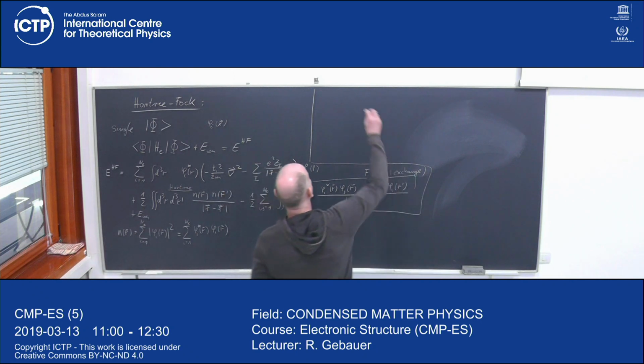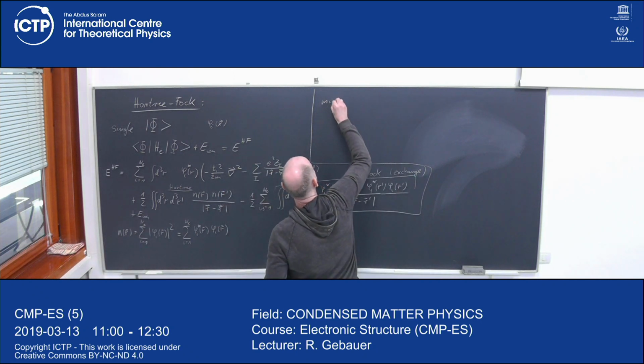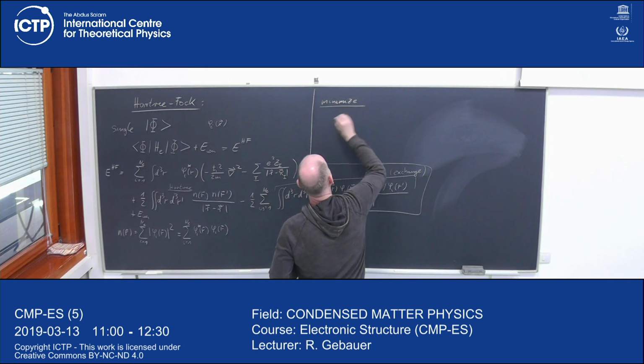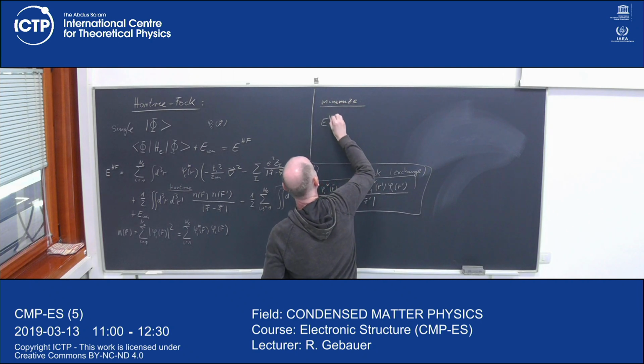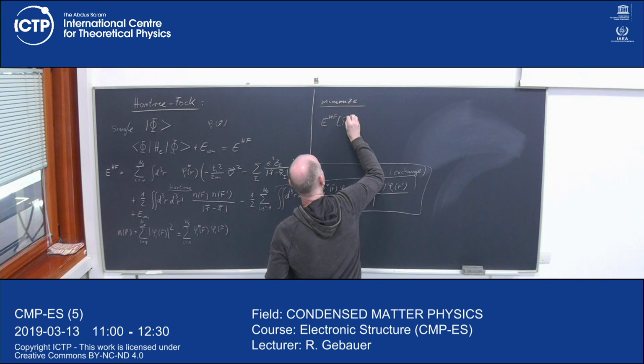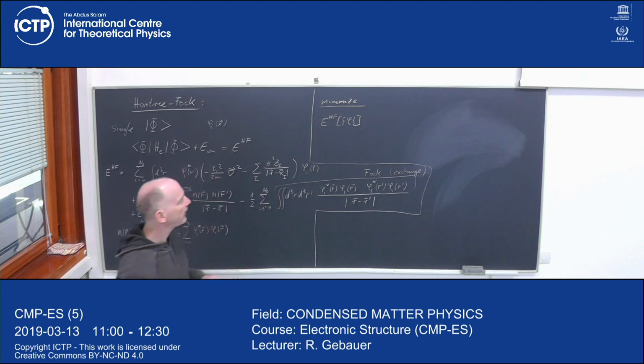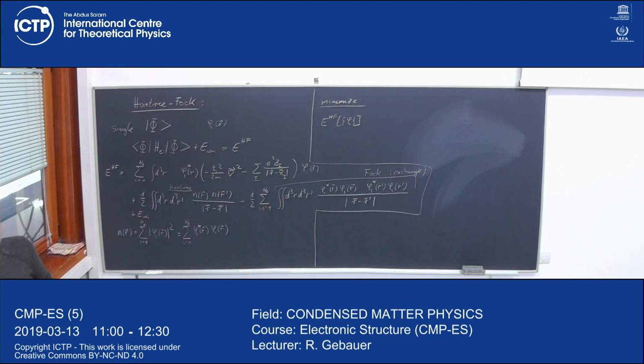Okay? So what we have to minimize is the following. We have to minimize E Hartree-Fock, as we have just written, which is a functional of all the single particle orbitals. But we have to keep those orthonormal.